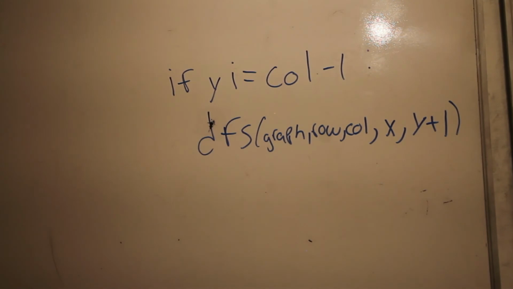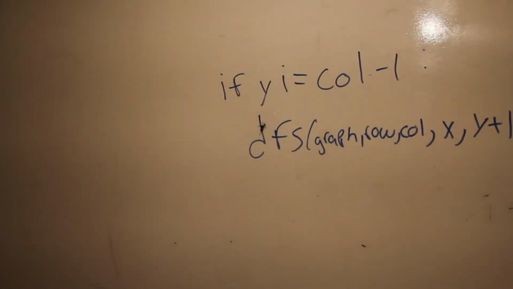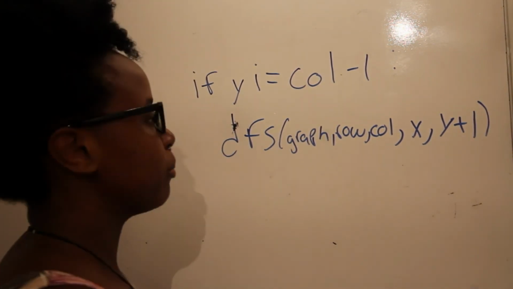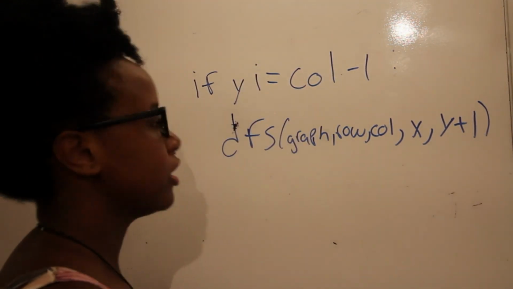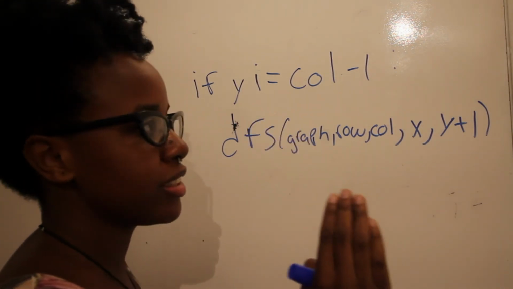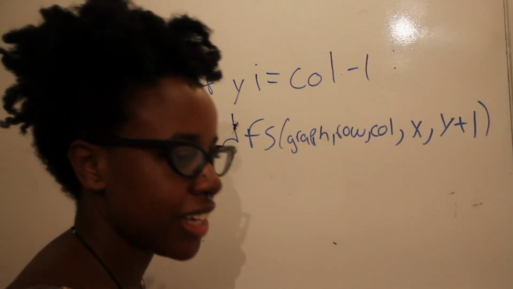I ran out of space on that board, but these are the last 2 lines of the code. So what this is going to check is to see if we are on the last column.